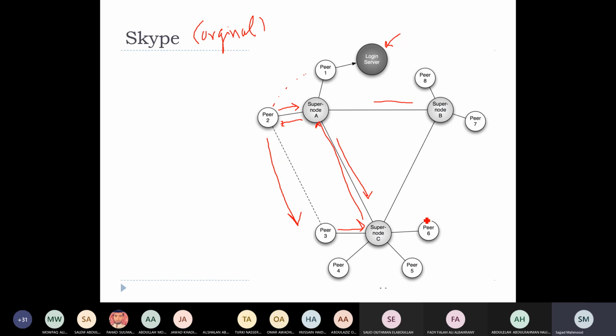And then maybe, let's say, peer number 6 will be promoted to a supernode for this area, and the contents of C, which was replicated in B, will be transferred to it, and now this becomes a supernode. So it's very robust. That's why you don't really see it failing as such. And that's the strength of P2P style. So this was all built into the protocol.